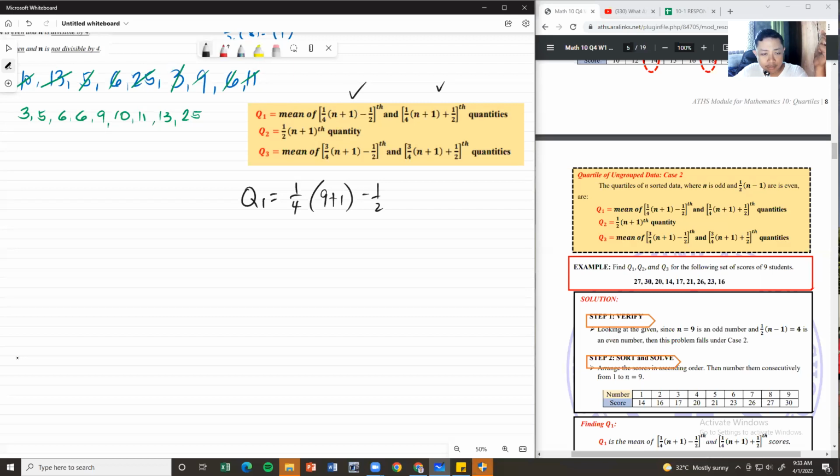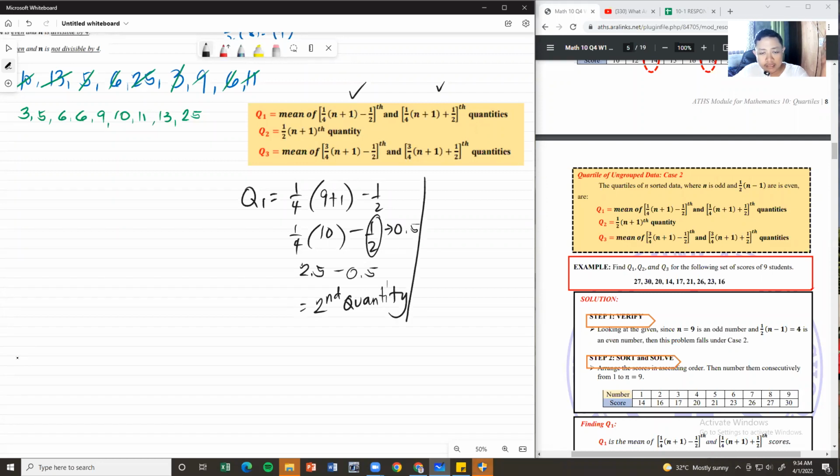This becomes 1/4 of 10 minus 1/2. 1/4 of 10 is 2.5. 1/2 is also equal to 0.5, because it's half. So 2.5 minus 0.5 is 2. So that's the second quantity.